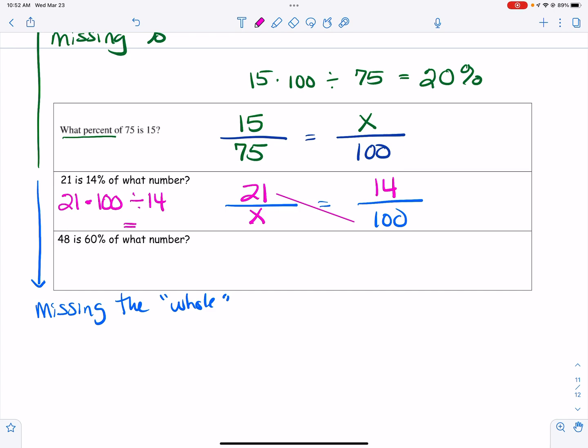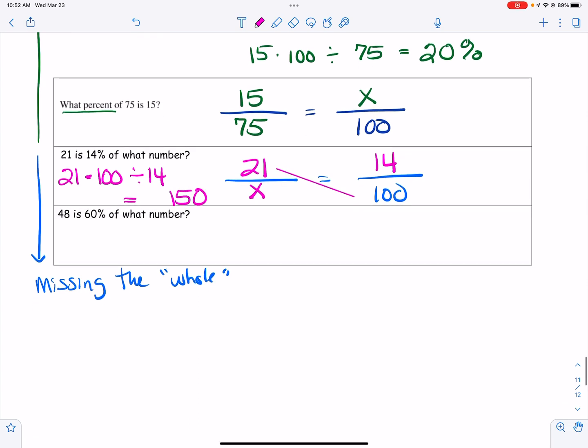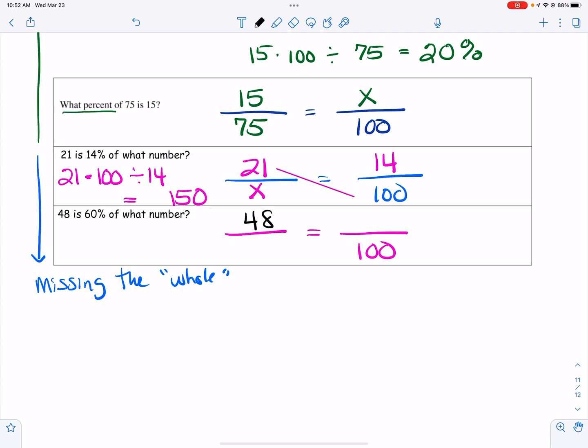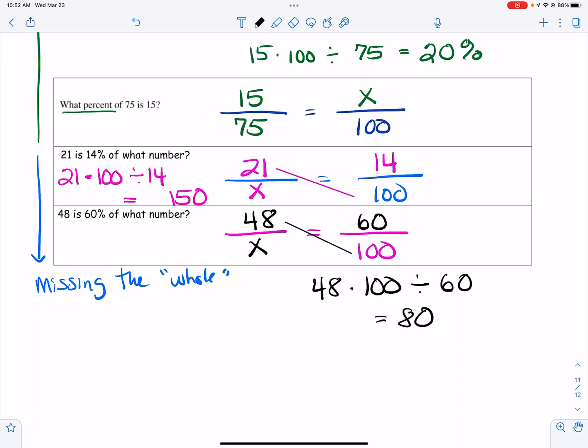And that gives me 150. Okay, 48 is 60% of what number? So blank equals blank over 100. So we're going to go 48 is 60% of what number? So cross multiply, 48 times 100 divided by 60, and that gives me 80. So that finishes 10.1.